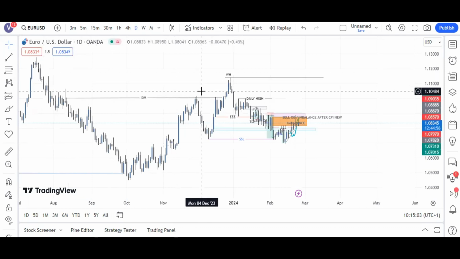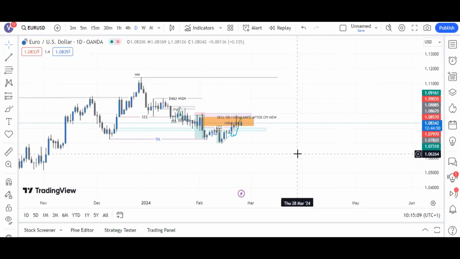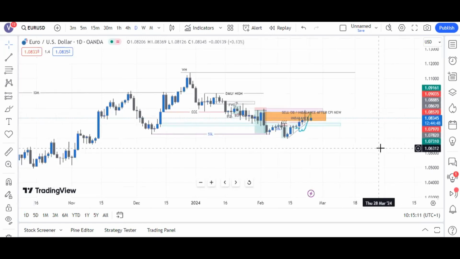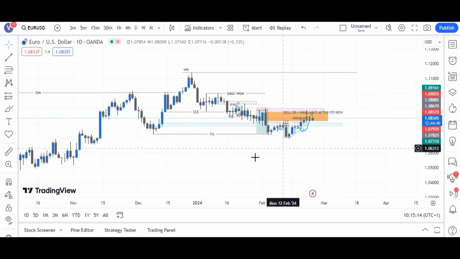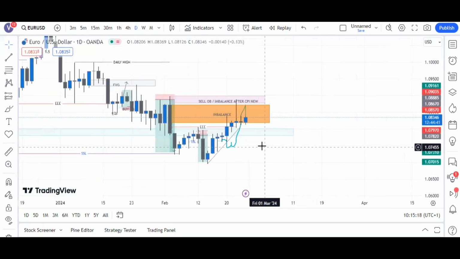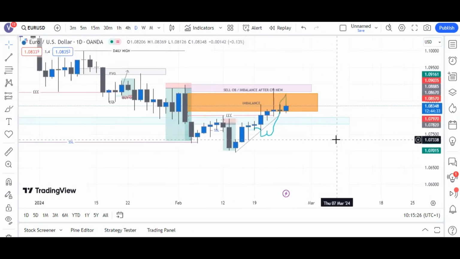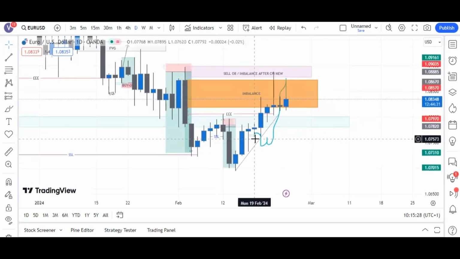Today we'll be looking at EURUSD first of all. What have I been expecting? In our previous live sessions, you would notice that I said I was expecting price to buy and fill up this imbalance, right? There's an imbalance here, and you can see how price delivered.